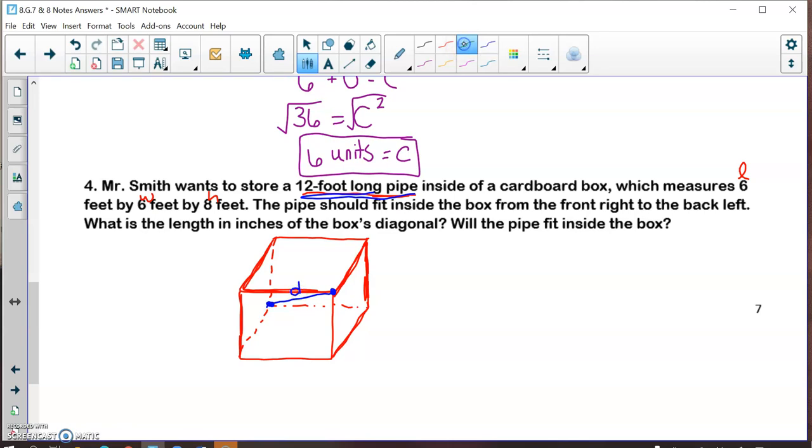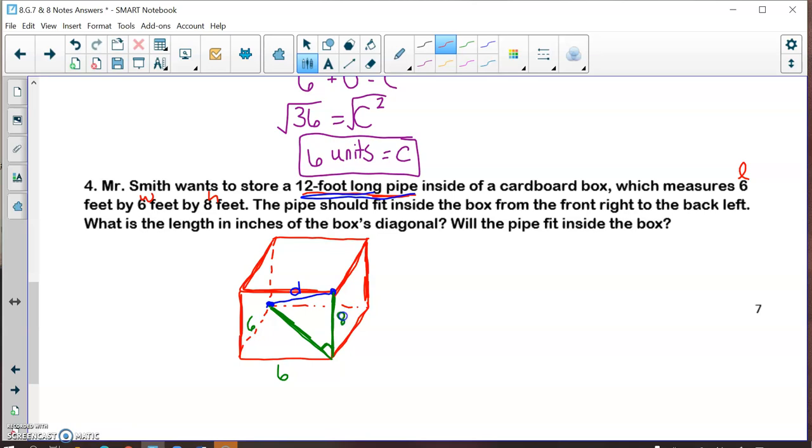Now to find that diagonal, I'm going to use this vertical line and this bottom of my box, and this is technically our right angle here. All right, and remember the length of this box is 6, the width of the box is 6, and the height of the box is 8.